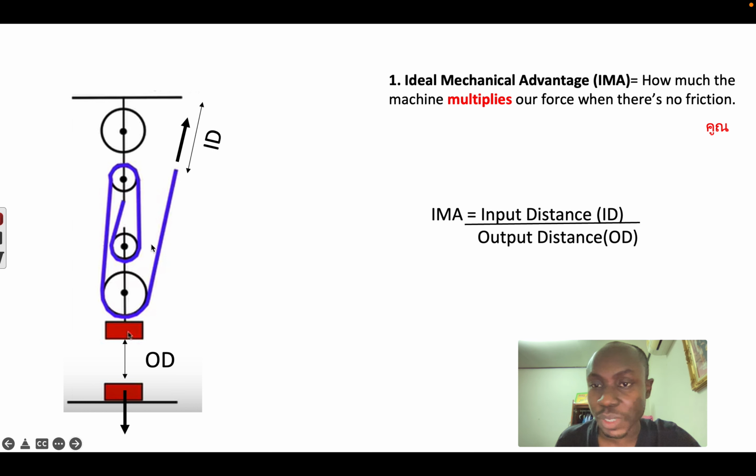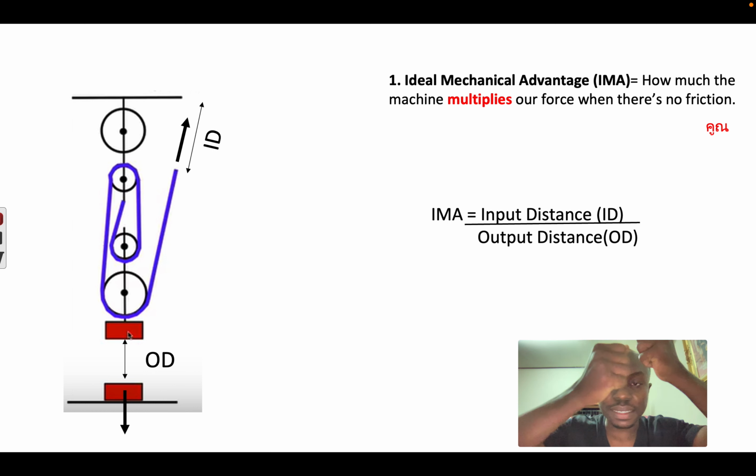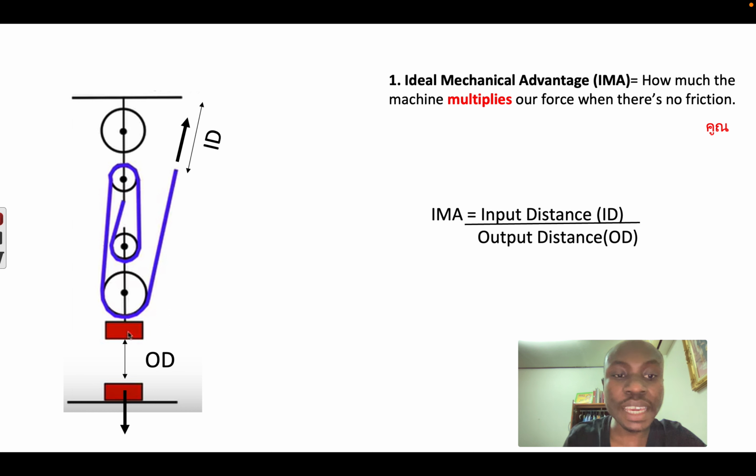Now, if you look at this picture, let's say you're going to pull the rope up by a distance. We call that the input distance, or ID. And the load is going to rise up by a distance we call the output distance. The IMA is just the input distance divided by the output distance.